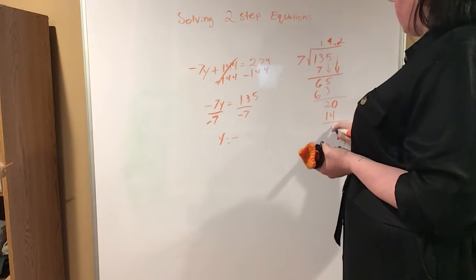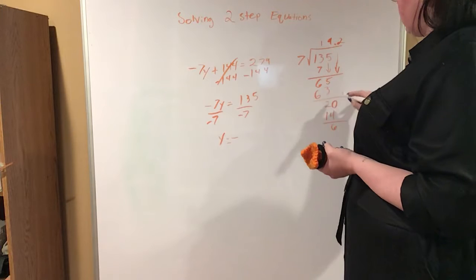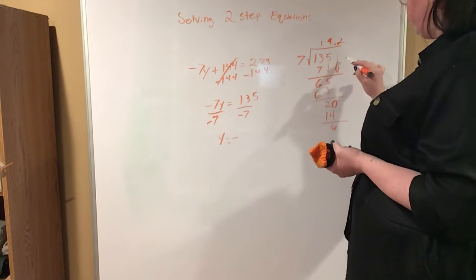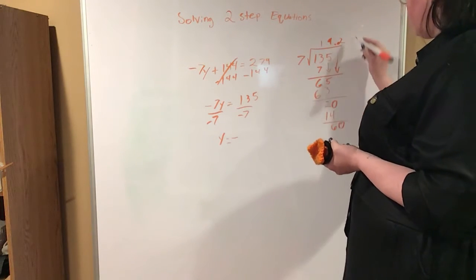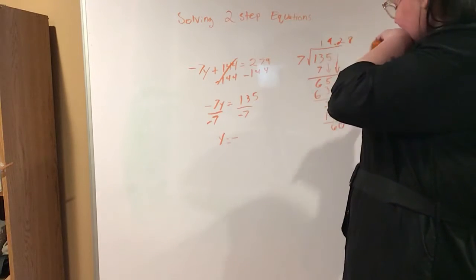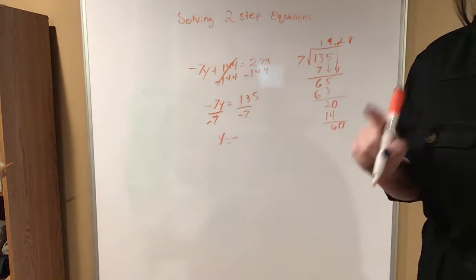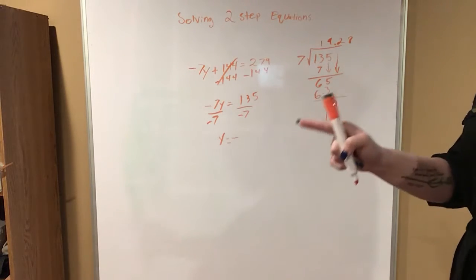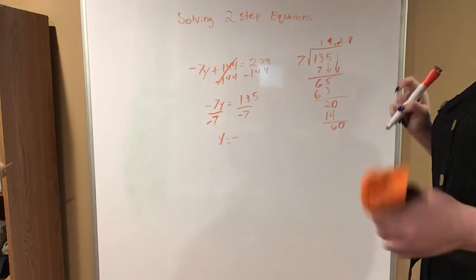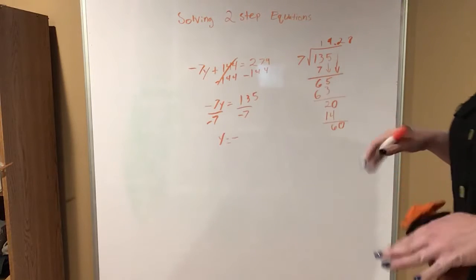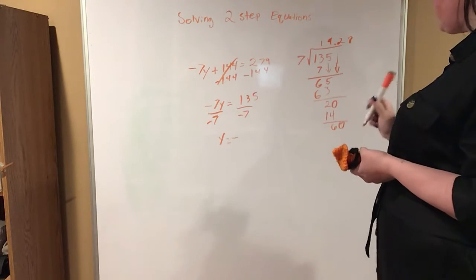Put down a 6. Which brings down the 0, which means this goes in 8 times. 7 times 8. I should know my times tables, but you know, they're not. My times tables are rusty, so I have calculators.